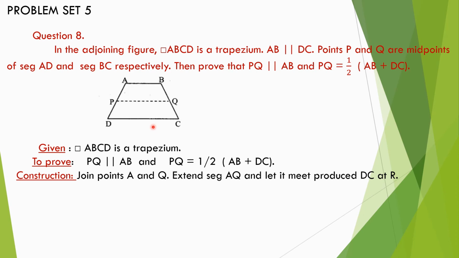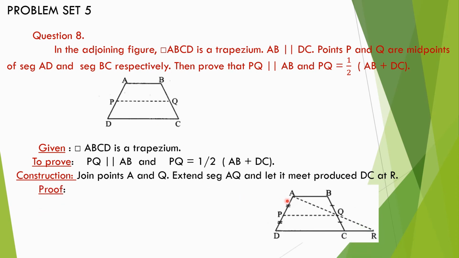Here join the points A and Q and extend the segment AQ and let it meet, produce the DC at the point R. And then here I am taking AB, segment AB parallel to segment DC and segment BC is the transversal.